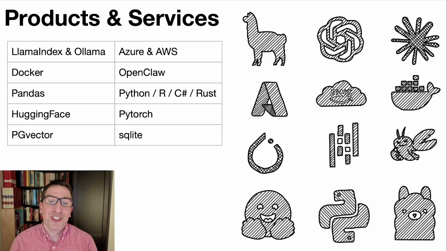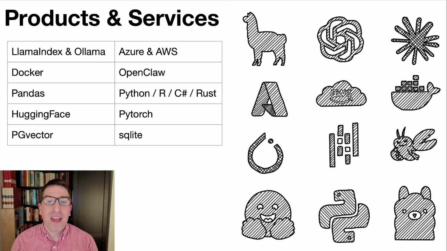Finally, I just wanted to touch on some of the tools that I use to make these agentic pipelines. LlamaIndex is great for document processing. Ollama we use for hosting local models. Of course, Azure and AWS host our LLM endpoints. Docker for some of the automated work. Having lots of fun with OpenClaw.